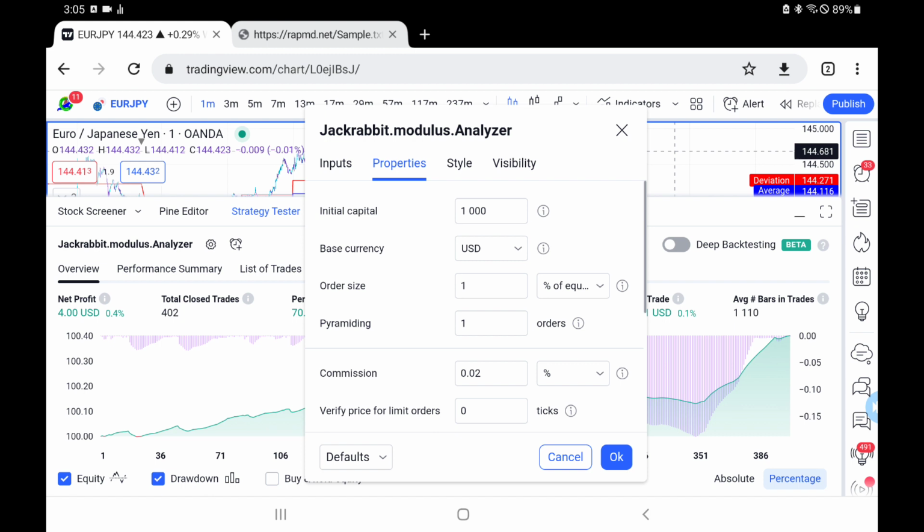But as you can see, I'm only using an actual budget of $1,000. And this does not take into account leverage. So if you're using Oanda with 50 to 1 leverage, you're looking at 50 times 4, $200.